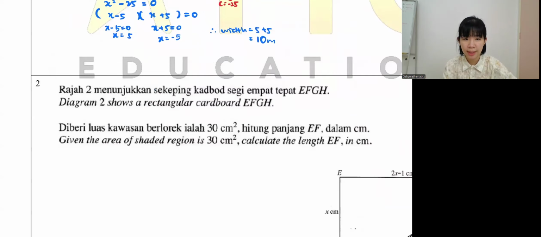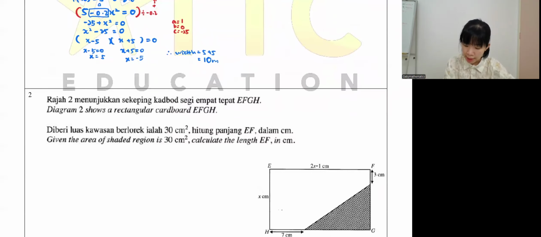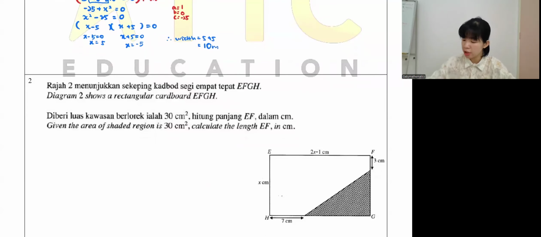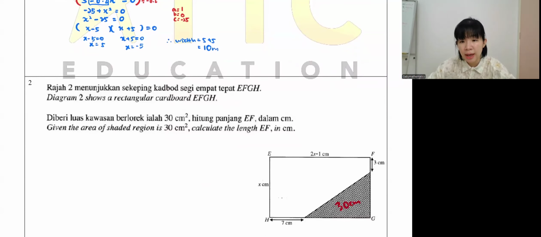Okay, now next question number 2. Okay, it's a rectangular cardboard EFGH. Given the area of the shaded region is 30 cm squared. Then at the end, calculate the length of EF. EF here. Okay, if you want to find the length of EF, so meaning you must find out the x. How much is the x?